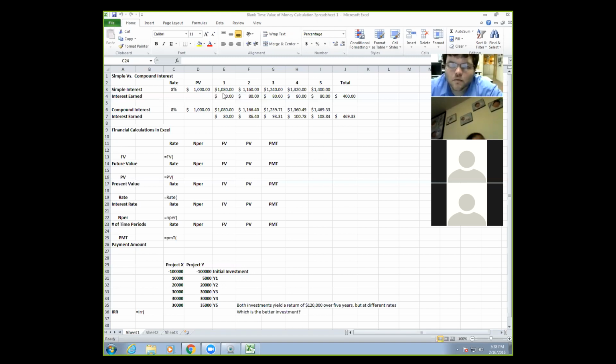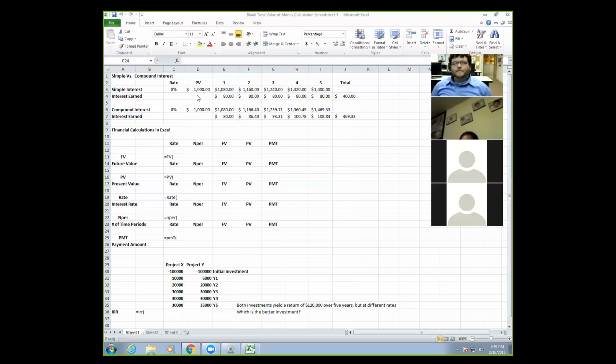With simple interest, in year 2 you'd earn $80, year 3 you'd earn $80, and for any number of years you left it in, you'd be earning $80 per year. Simple interest means you earn interest only on what you put in at the beginning, not on what grows as you earn interest throughout the years, just this initial present value amount.